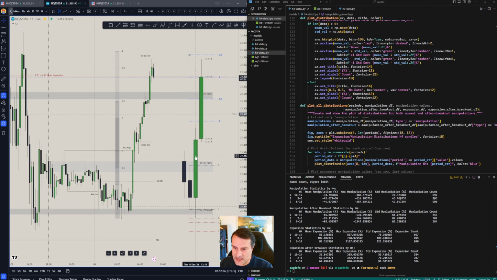Let's check it properly together. What the 2 to 6 candle did when it opened is that it went below the previous one by 20%, and then it expanded up to 1, 1.5, 2, 2.5%.